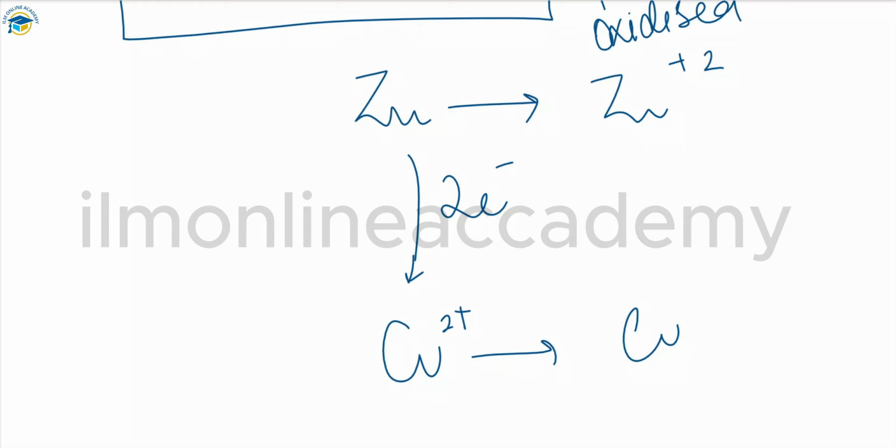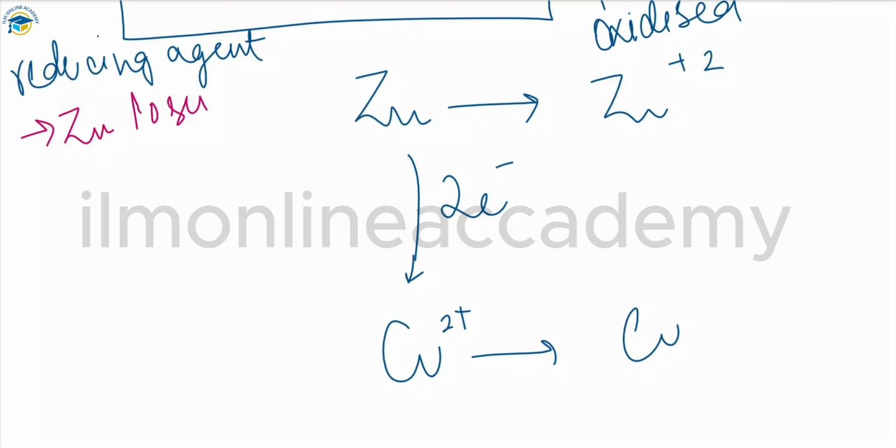So we have some reducing agents, like zinc. The important features of a reducing agent: first, zinc loses electrons as you can see here, and second, zinc is oxidized here, right?